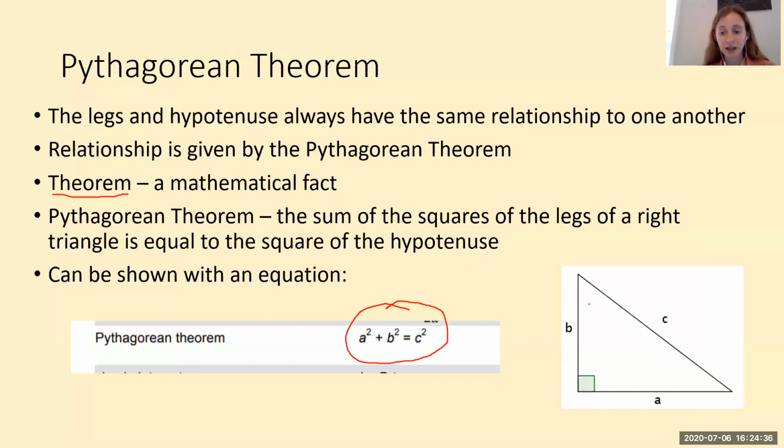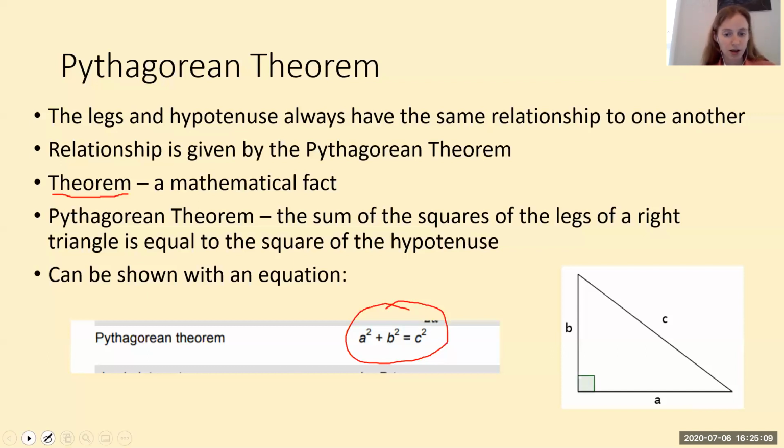So if we think of the two legs as being A and B and the hypotenuse as being C, then we can say that the sum of the squares of the two legs, so A squared plus B squared, is equal to the square of the hypotenuse, so is equal to C squared. And that's the famous equation. Again, you may have heard that equation before, A squared plus B squared equals C squared. Oftentimes it's something that you'll learn in high school math.